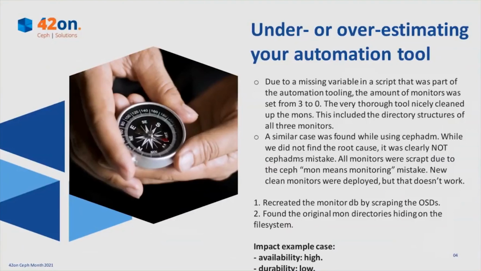One case, we had a script that was run in front of the automation, so automating the automation tool, and through all of that, some checks were missing, and it didn't check for the amount of monitors that was set, and it just didn't fill out that variable, overruled the existing configuration, applied it, said everything is okay, yes to all, and started removing the monitors.